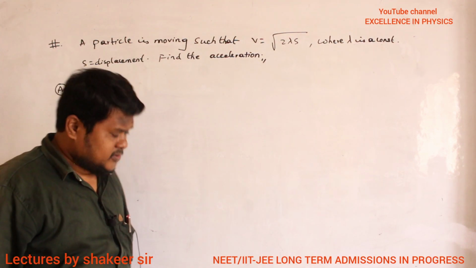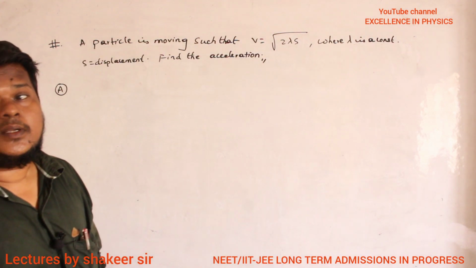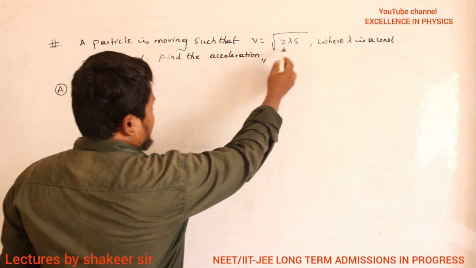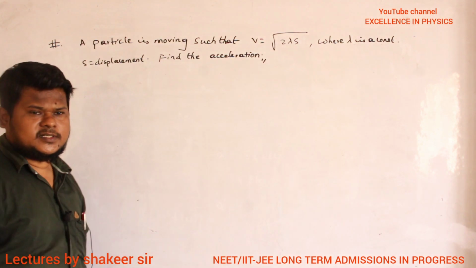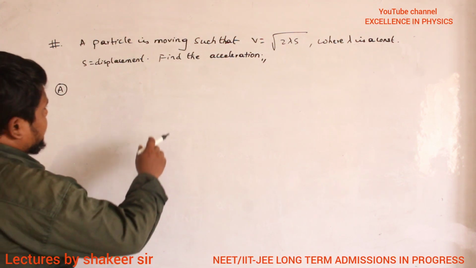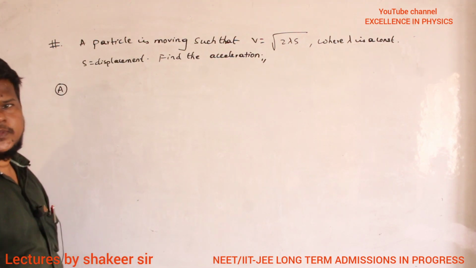A particle is moving according to the relation v equals root of 2 lambda s, where lambda is a constant. Then find the acceleration of the particle. Are you able to understand? Let us see how I can do this calculation. Here again velocity is depending on displacement only.